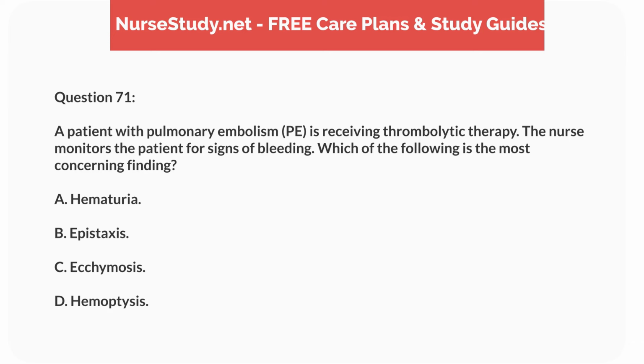Question 71. A patient with pulmonary embolism, PE, is receiving thrombolytic therapy. The nurse monitors the patient for signs of bleeding. Which of the following is the most concerning finding? A. Hematuria. B. Epistaxis. C. Ecchymosis. D. Hemoptysis.